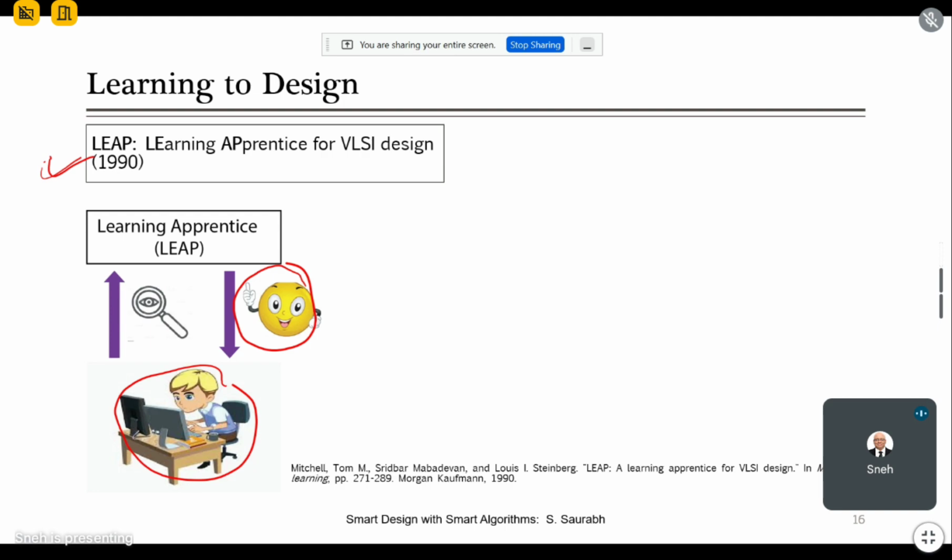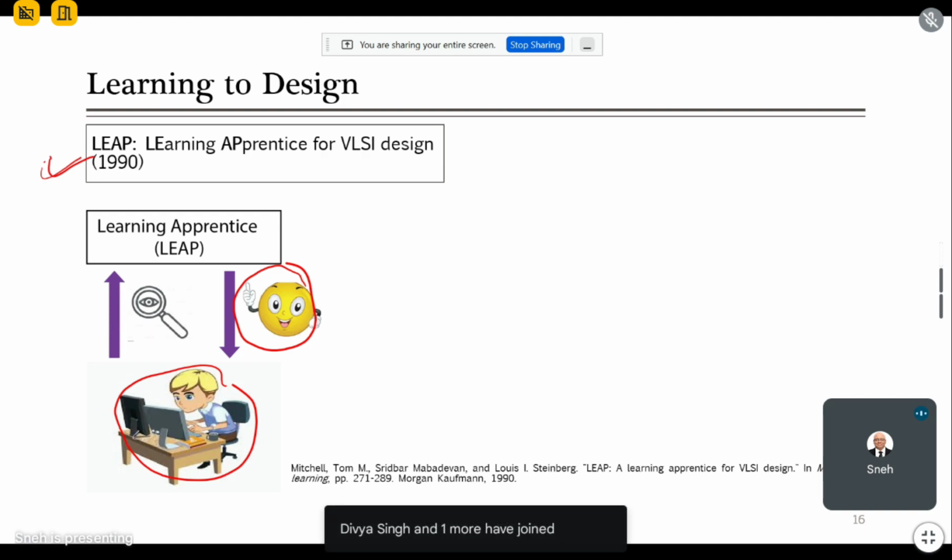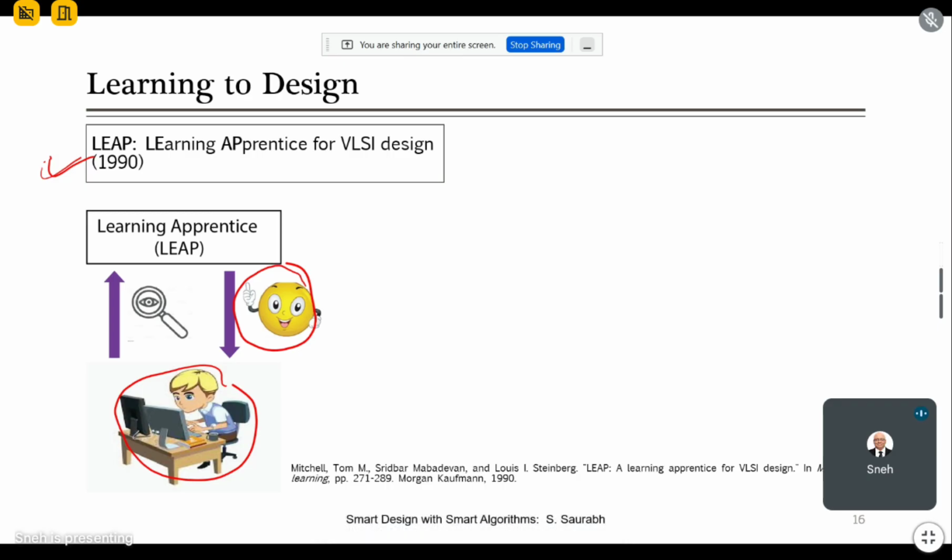For example, there is a problem to make an adder. Now what this designer will do is pick the transistor, put it in the layout, do the simulation, and so on. It will do those tasks, and this apprentice will simply be looking at it and analyzing that data.